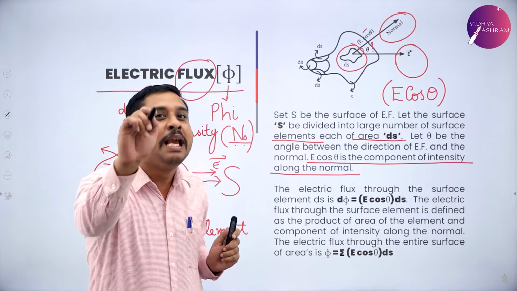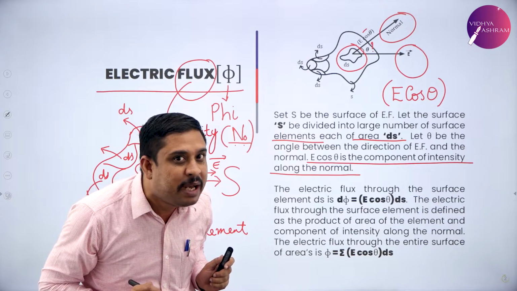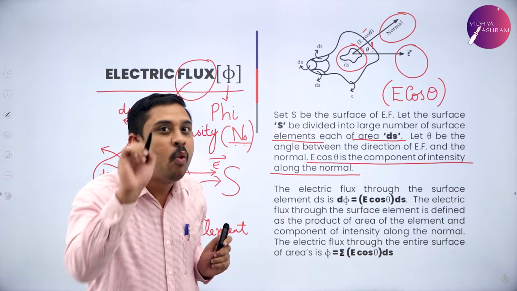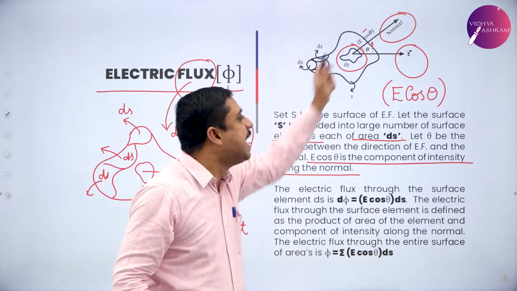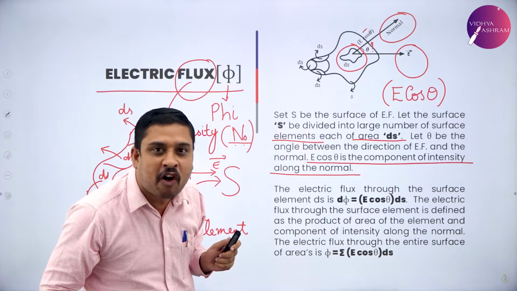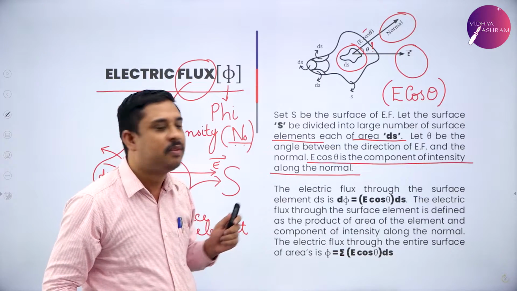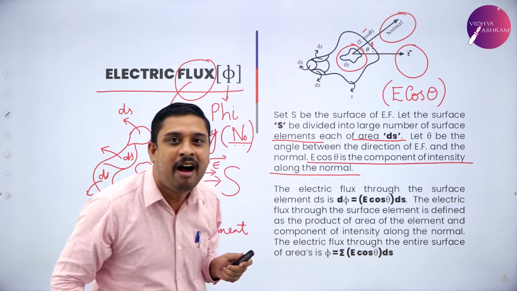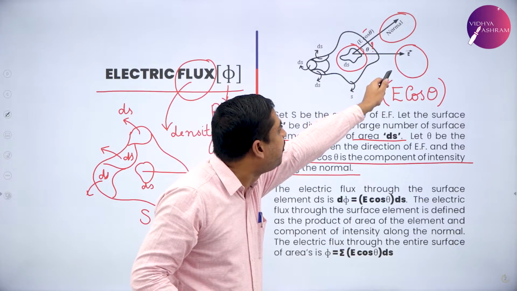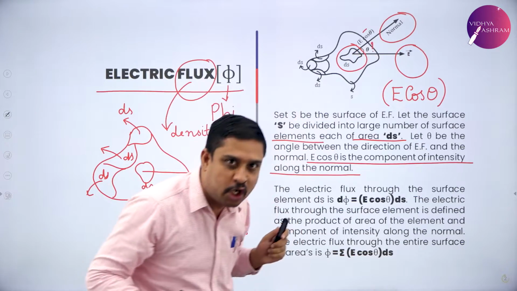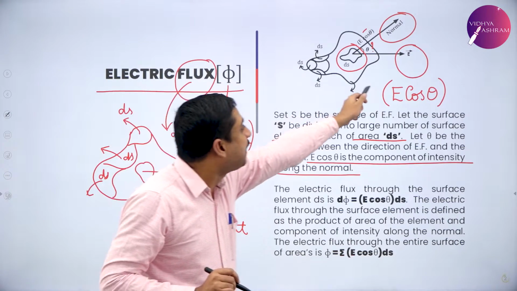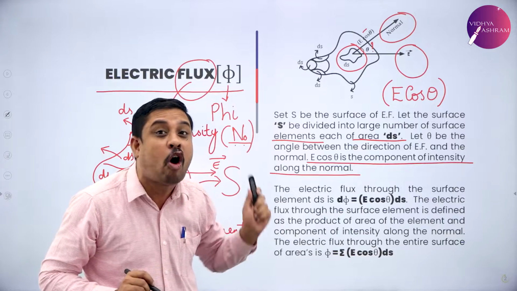So what is important for me to remember here? First, the surface element. What is its area? ds. What is E? Strength of the electric field. What is theta? The angle between the electric field and the normal drawn. And very, very important, what is E cos theta?